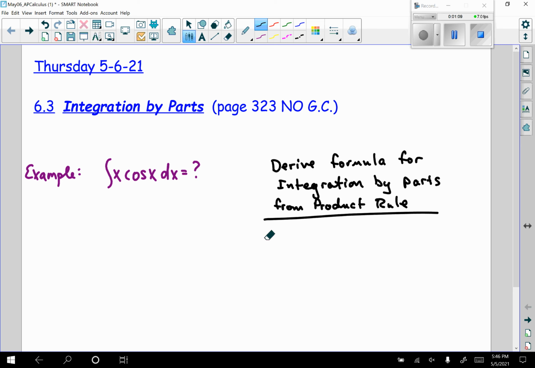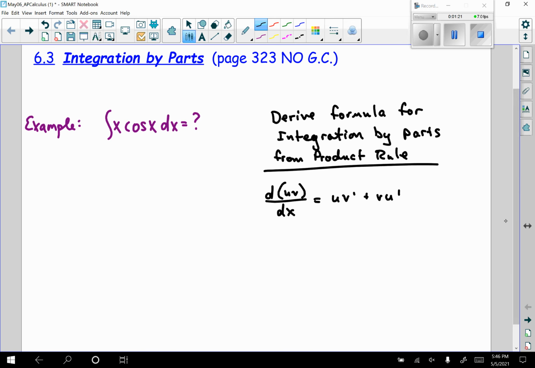So we're going to start with this notation here. The derivative of a product with respect to x is just going to equal u v prime plus v u prime. But instead of v prime and u prime, I'm going to rewrite this a little differently: u times dv over dx plus v times du over dx.